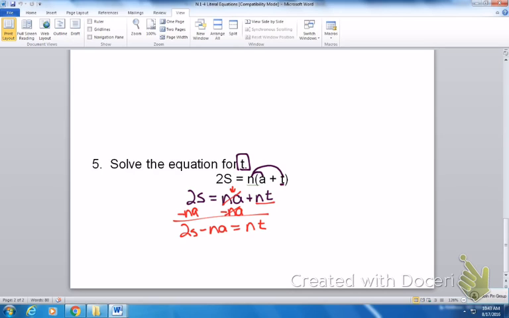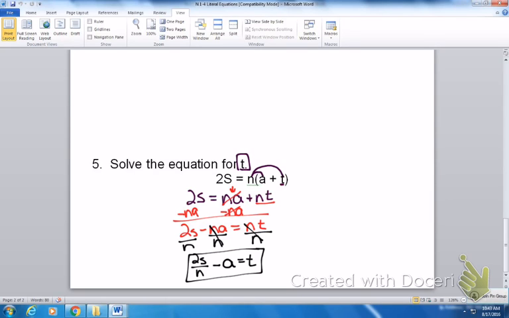We have n attached to t by multiplication, so we have to do the opposite, which is division, and I want t to stay, so n has to go. But I divide everything by n. Well, 2s over n, nothing's going to cancel, so I leave it the same. But I have minus, the n's cancel out, and I have an a left in the numerator. And then on the other side, the n's cancel, and I'm left with t, which is what I want.